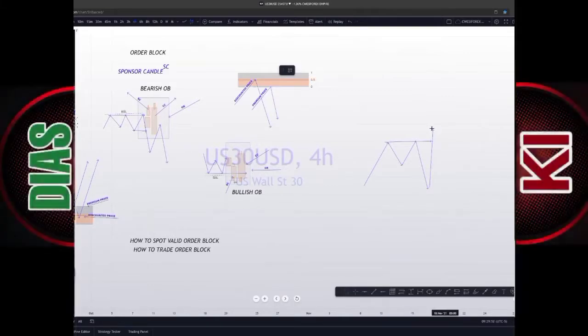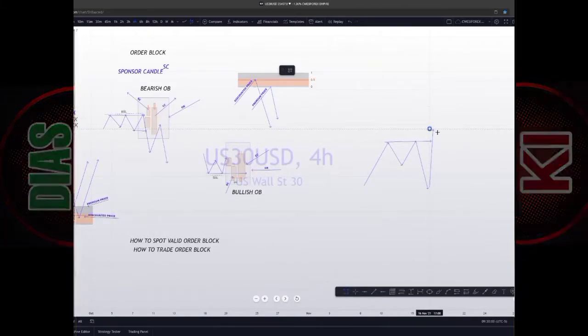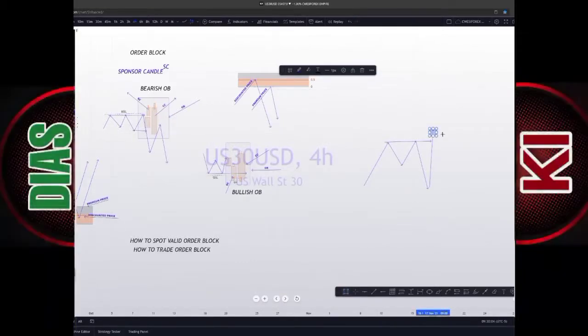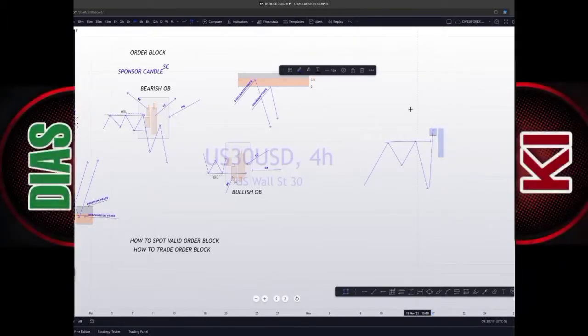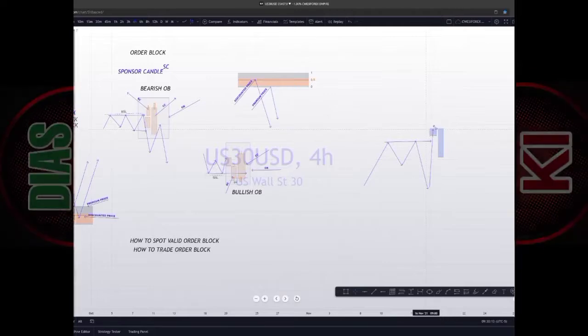This bullish candle is going to serve as a sponsor candle for us. Then the next candle that forms should be a bearish candle, an opposite candle of this move that took out the liquidity.